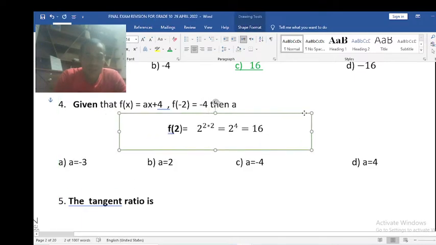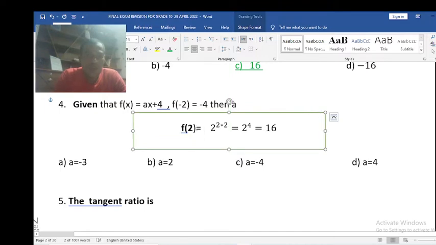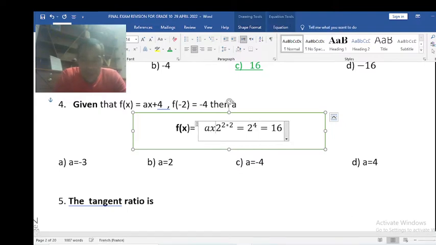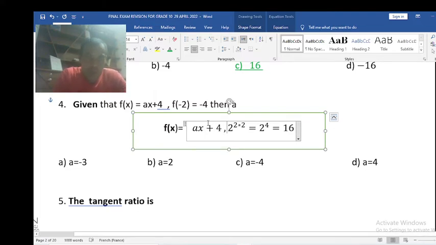We have f of x equal to ax plus 4, and f of negative 2 equals negative 4.